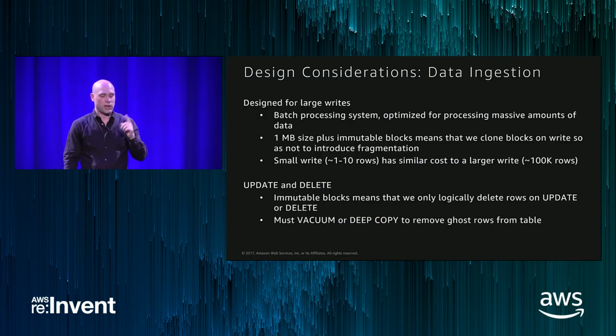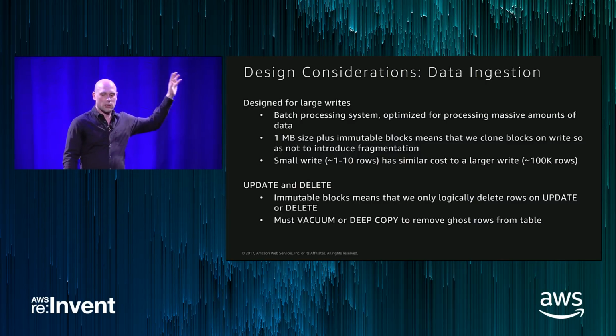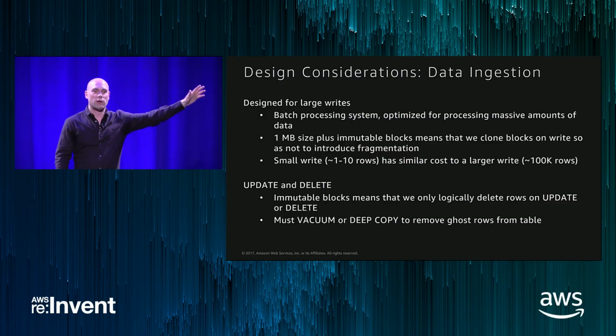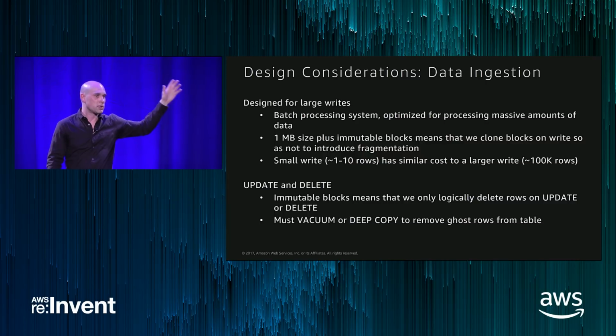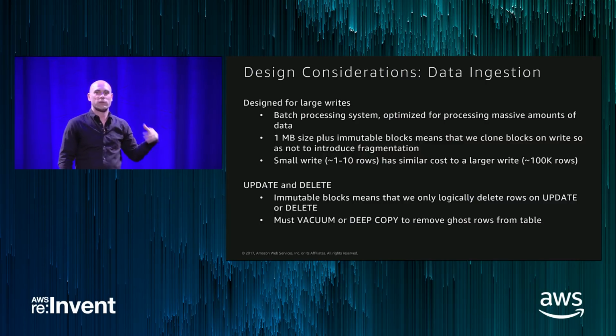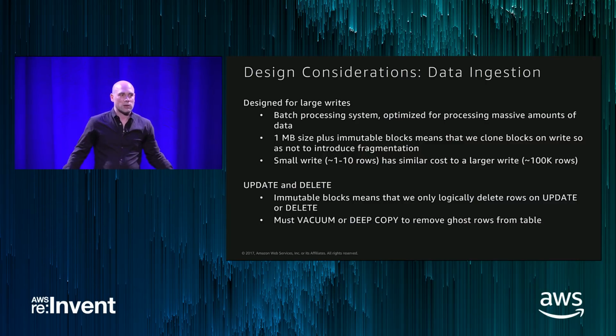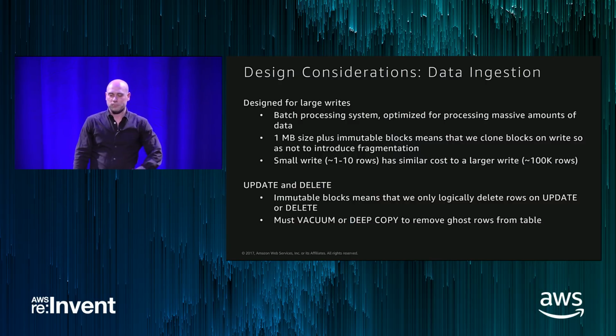Redshift can do it, it will work, but it's not what it's optimized for. That's why we sometimes say that a small write will cost roughly the same as writing 100,000 or more rows to Redshift. So Redshift really is designed around batch bulk loading.